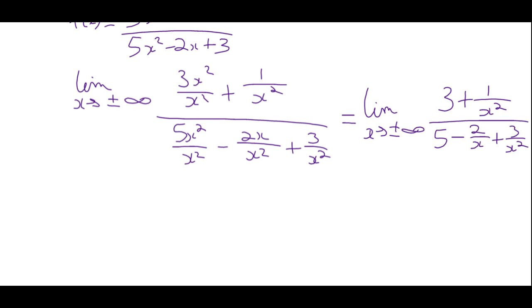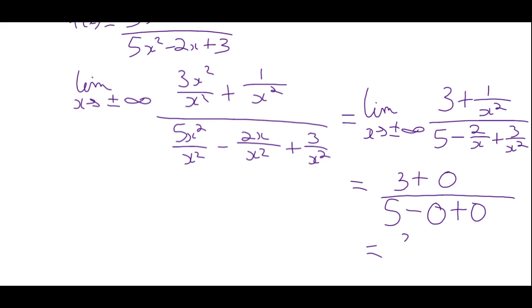Okay, now we can drop the limit because we can actually work them out, right? So it's 3 plus 0, right? 1 over x squared is 0. Over 5 minus 0 plus 0, which, as stated earlier, was 3/5, right?